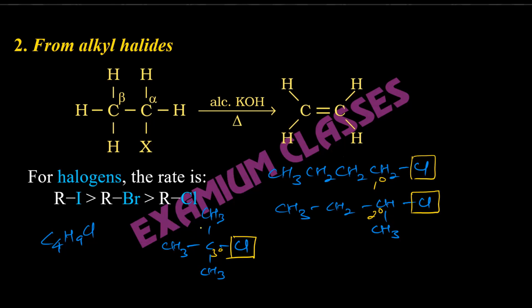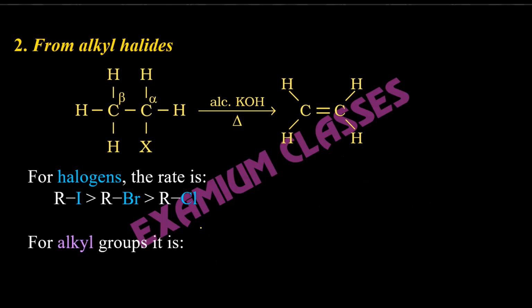In this case, which one will be more reactive, 1 degree, 2 degree, or 3 degree? Tertiary will be most reactive, secondary will be less, and primary will be least. Now you might ask why tertiary is more reactive and why primary is least reactive. The reason is the reaction here will happen by breaking of this bond.